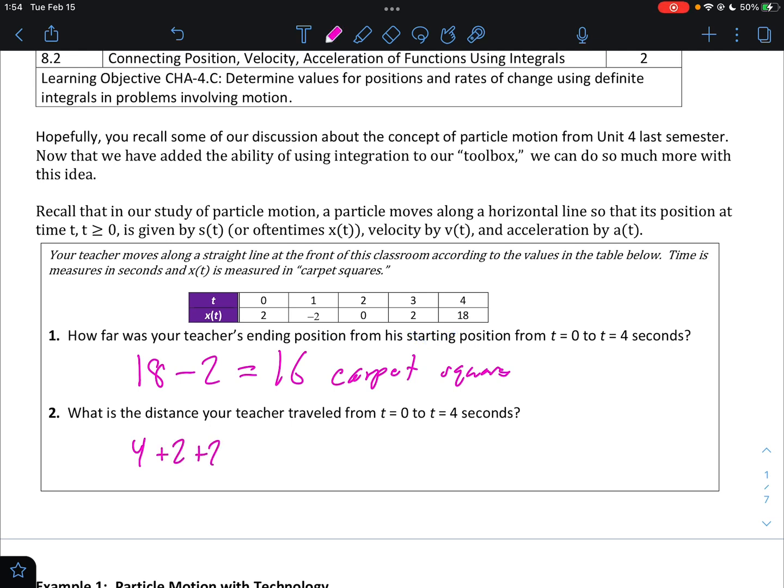So 2, 2, and 16 for a total of 24 carpet squares. So even though we traveled 24 squares, we only ended up 16 squares away from where we started. That's the difference between distance versus displacement.